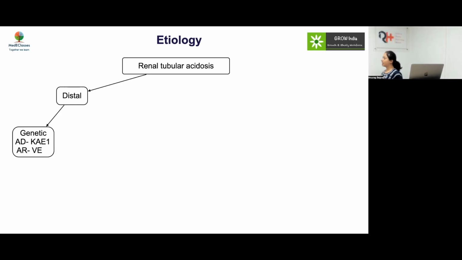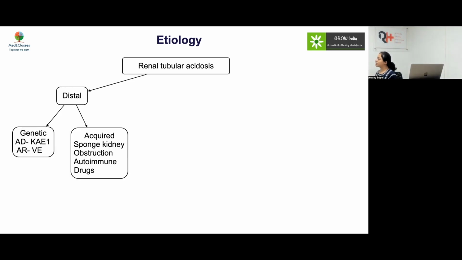It could be either congenital or acquired forms. Congenital or the genetic forms of distal RTA could be autosomal dominant or autosomal recessive mutation, and acquired could be because of structural kidney disease, obstructive uropathy, secondary to autoimmune condition, and drug-induced distal RTA.